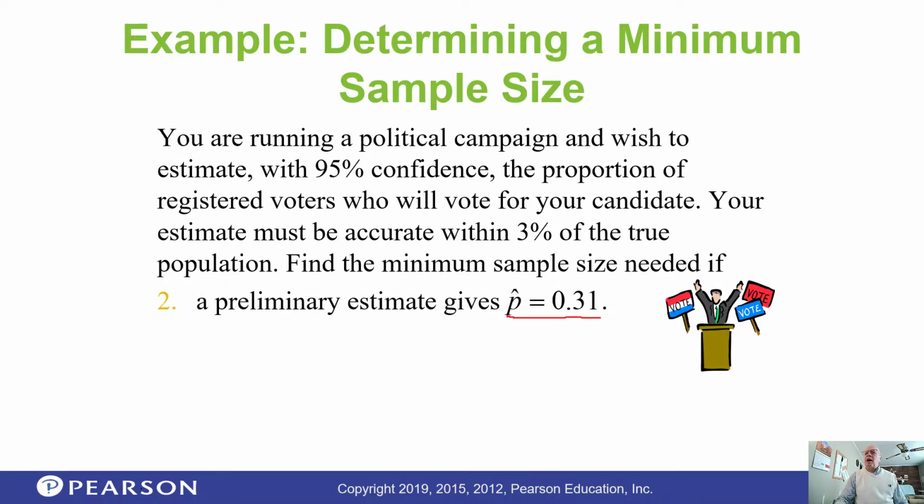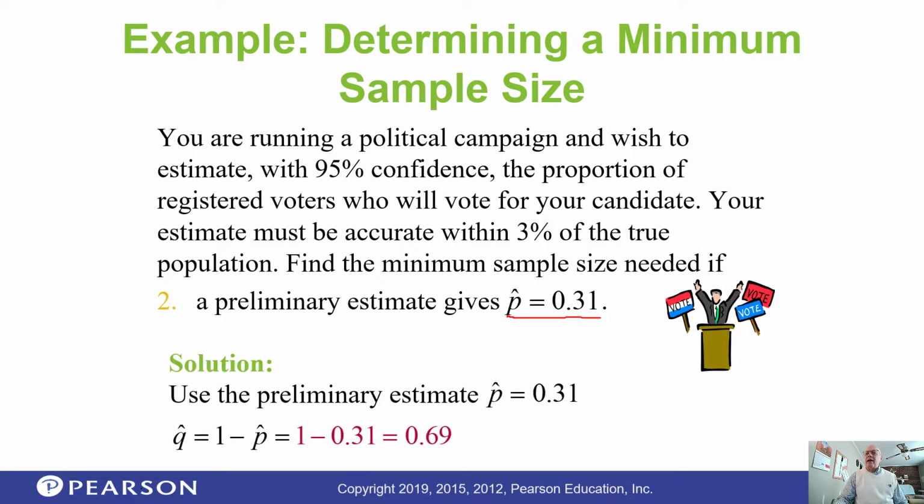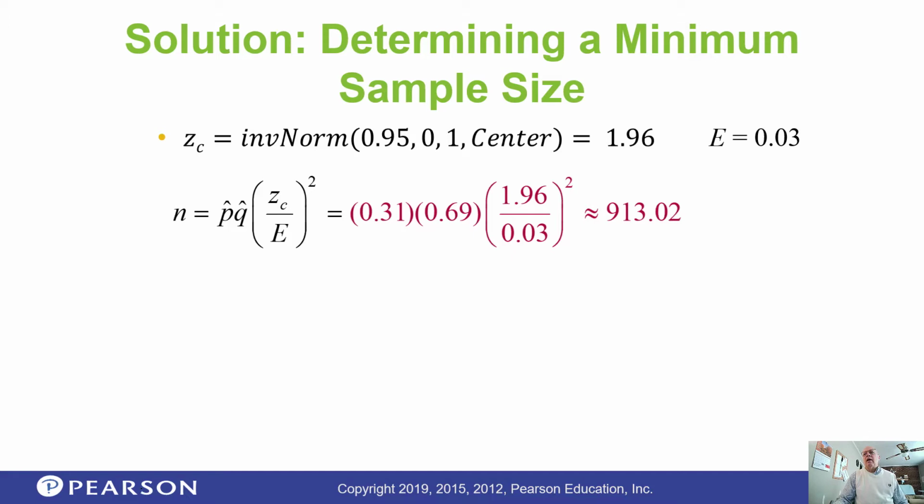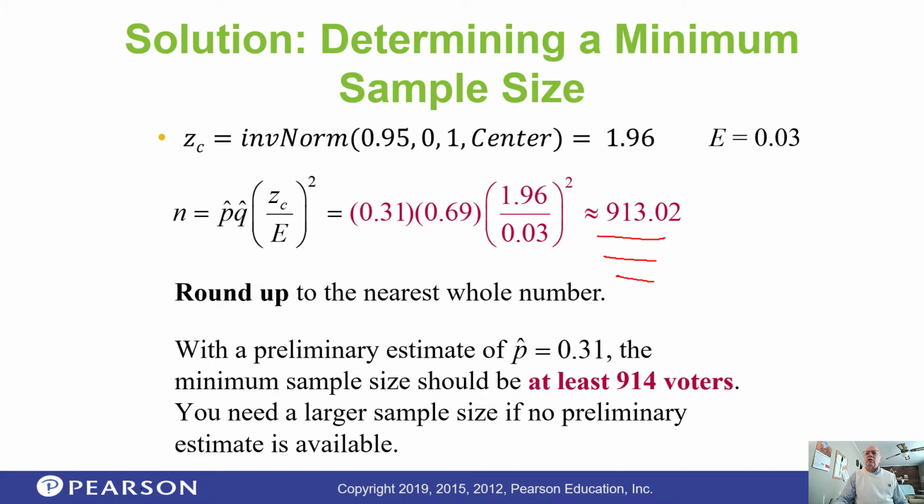If you do have a preliminary estimate, put that in for p-hat instead. Also get q-hat because you'll need that as well. Put it in your formula. After you get the z value, you've got the E value that's given to you in the problem. And of course, round up 913.02 to 914, and you're in business.